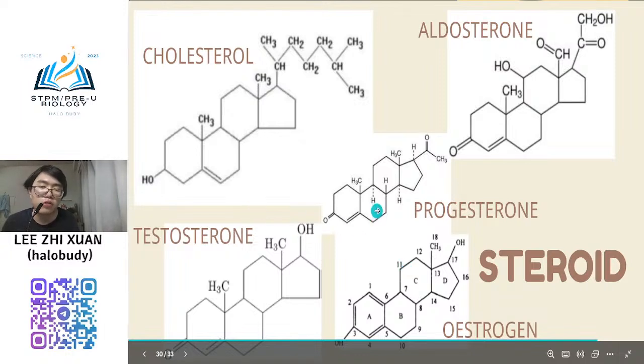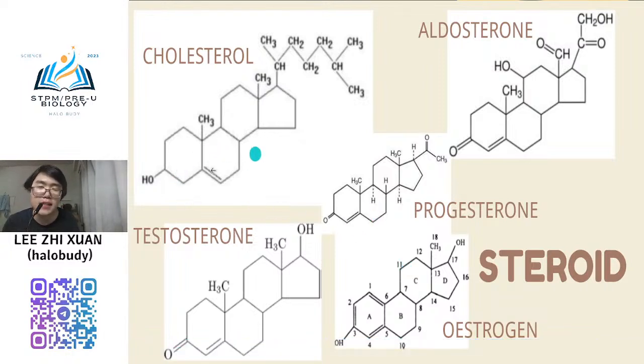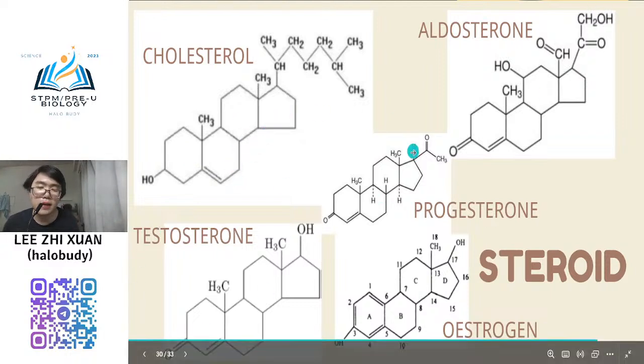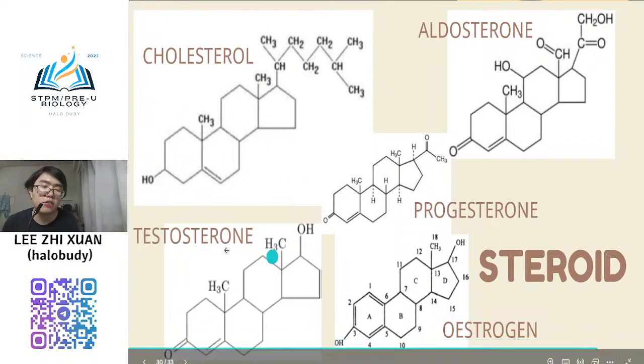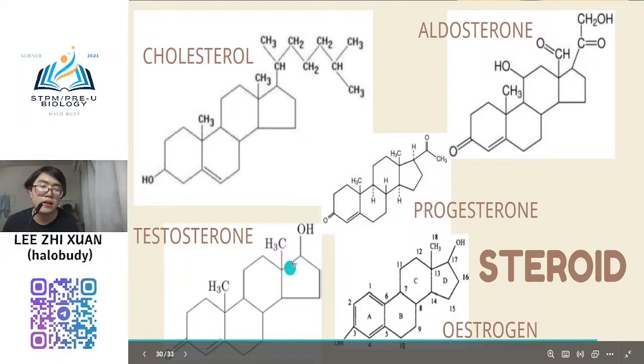The hydrocarbon ring is totally the same. There are 3 hexagons and also 1 pentagon. The difference is only the functional group. Looking at testosterone, this part is not a hydrophobic tail; this one is a hydroxyl group and this one is a carbonyl group.